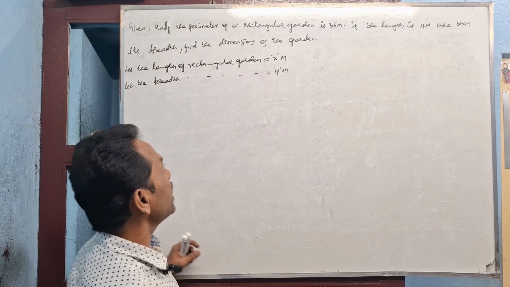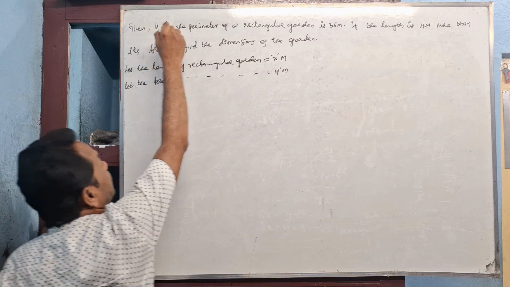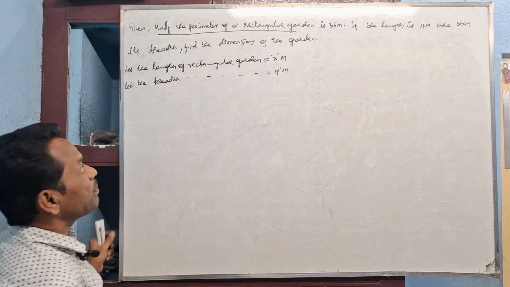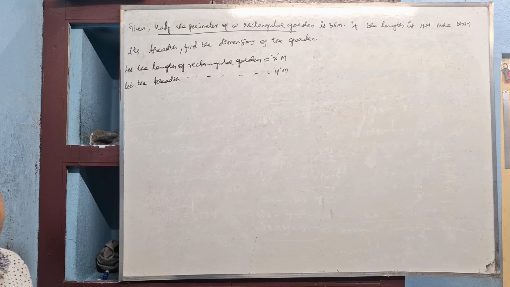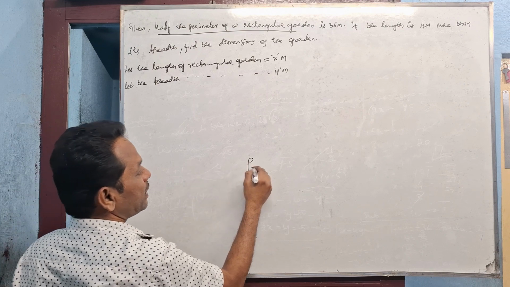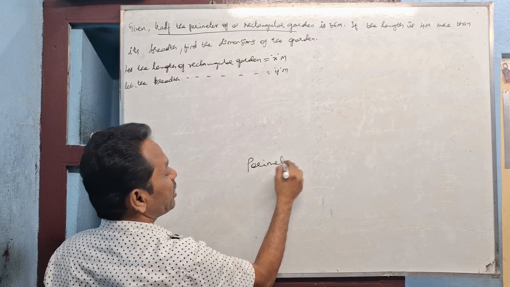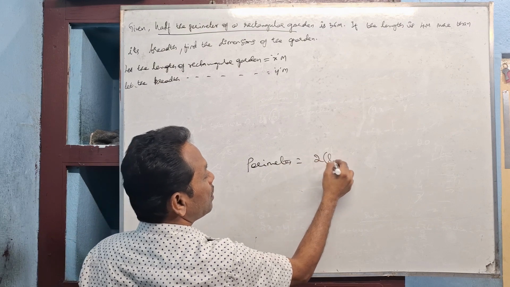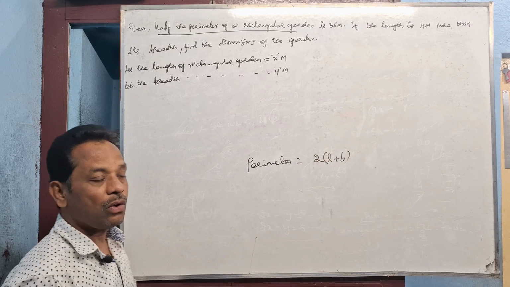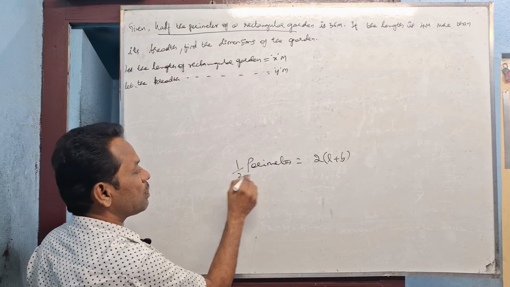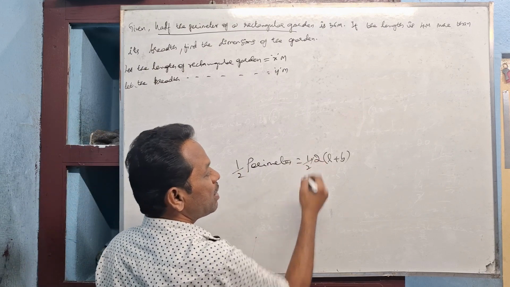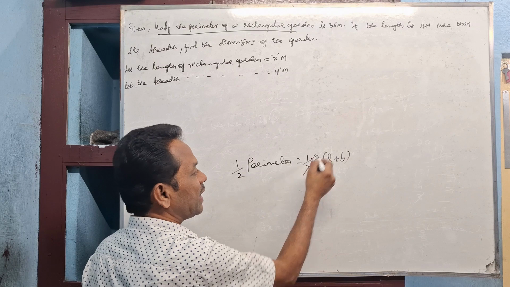Okay, the dimensions. Now the first condition is given that half the perimeter of the rectangular garden is 36 meters. So how to find perimeter? Perimeter of a rectangle is 2 into (L plus B). If I say half, just multiply by 1 by 2, so the 2 will get cancelled.